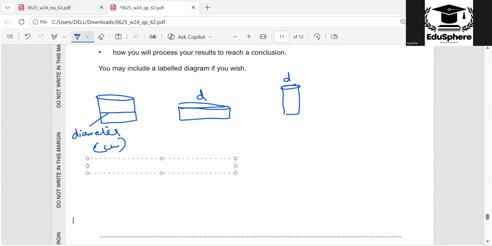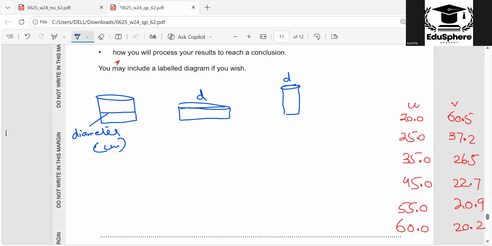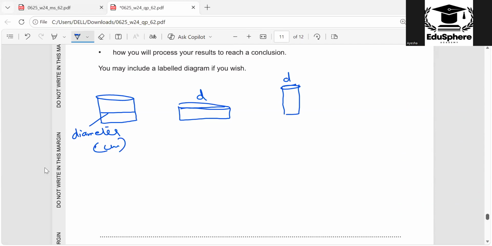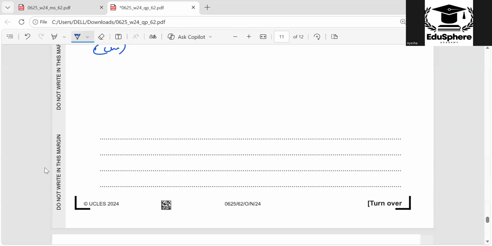One more thing, I think we forgot to tell about it. I just wanted that the thermometer should also be there. So we can also place a thermometer in between, and we can write thermometer here. Okay, so this is all that we can write.